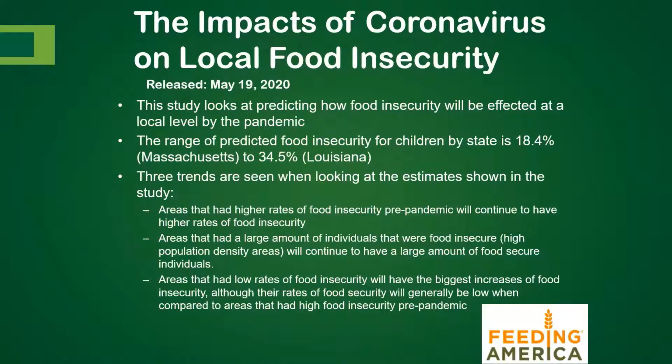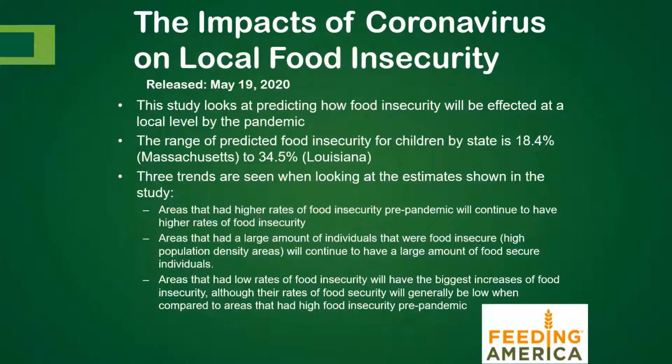And then the last brief looks at local food insecurity, and it's trying to predict how the local level is going to be affected by this pandemic. Looking state by state, there is a huge range for child food insecurity, with the lowest being Massachusetts at a predicted value of about 18.4, and the highest being Louisiana at 34.5% of children experiencing food insecurity.